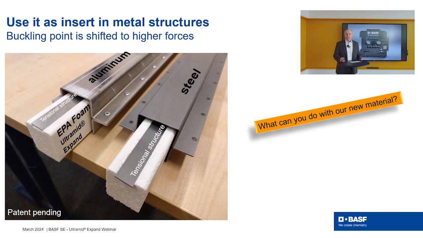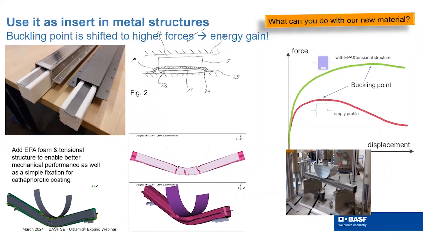First of all, you can use it as an insert in a metal structure. We can survive the KTL, we can put our material in what you see here, a kind of cross-section made of steel and aluminum. And it can be integrated so that the cadaphoretic dip coating liquid flows all around that. But what is this material for when it's in such a cross-section? It's quite clear.